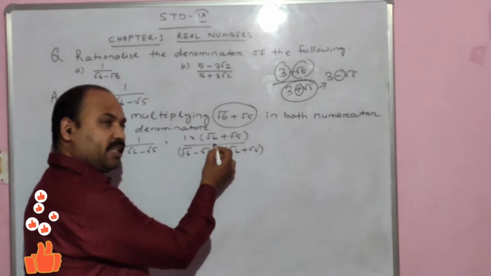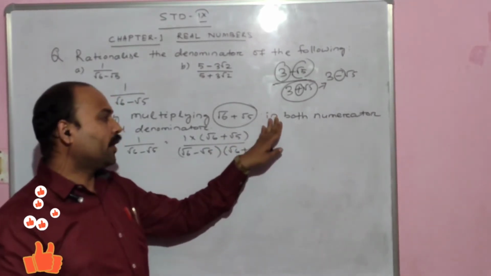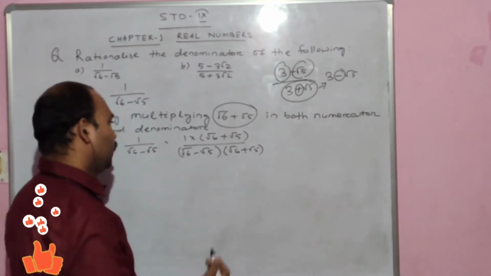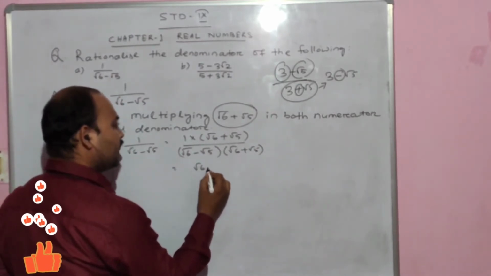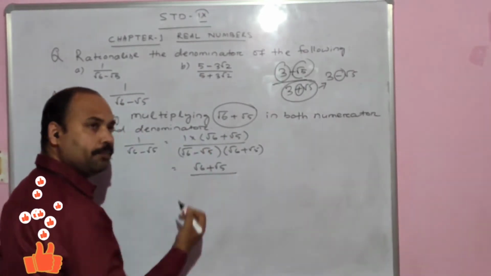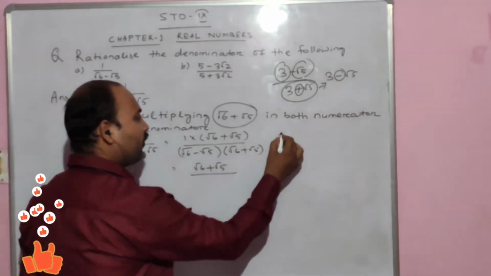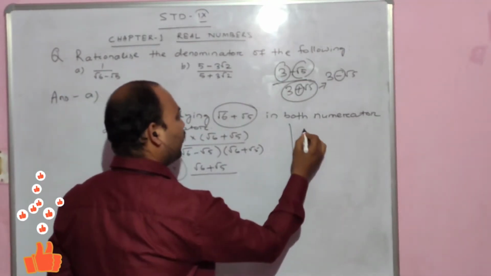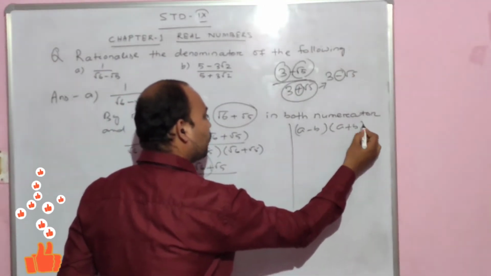Then in the numerator you get root 6 plus root 5 when you multiply with 1. Your denominator will be in the form a minus b into a plus b.